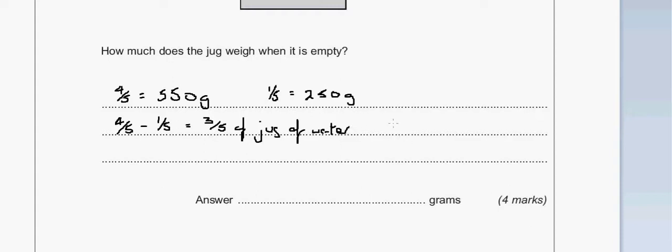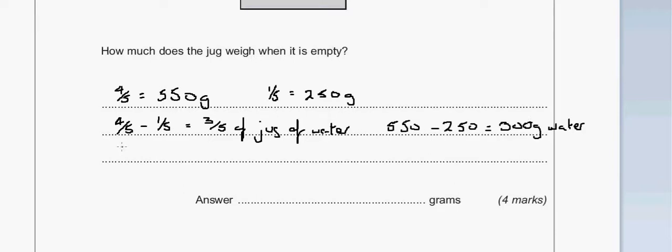So 550 minus 250 equals 300 grams of water. Don't worry if you're writing across the page.